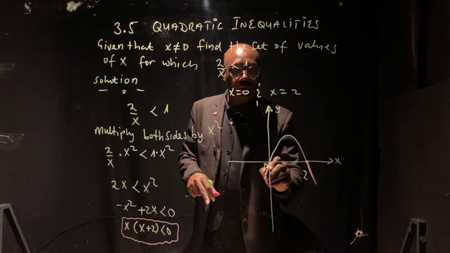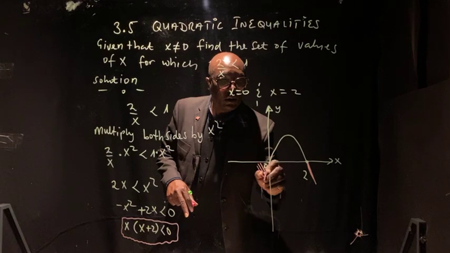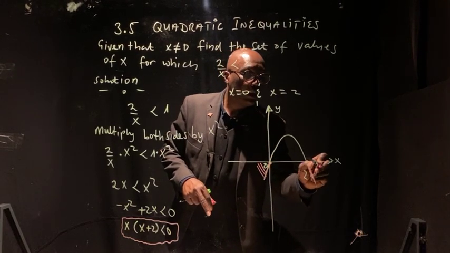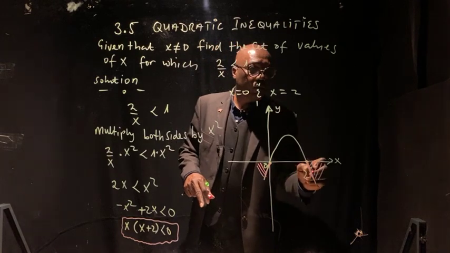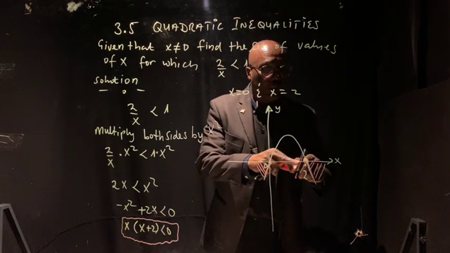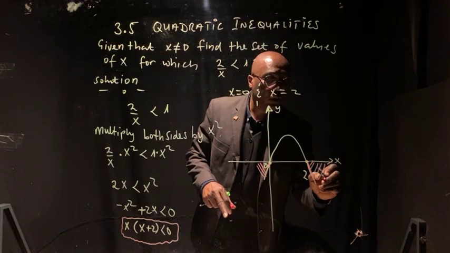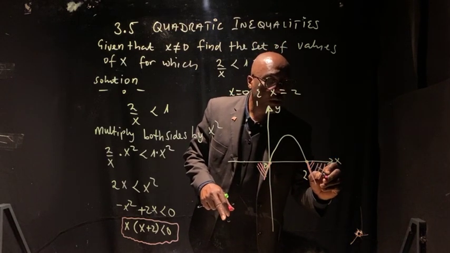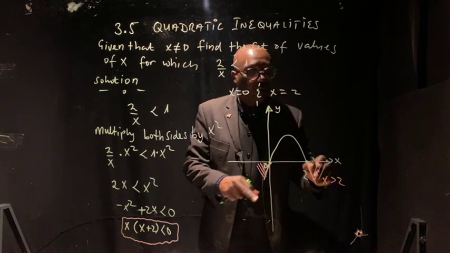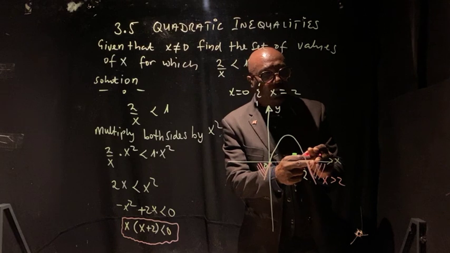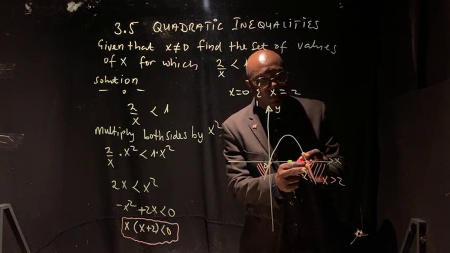So this portion and this portion are the values of x that we are looking for. From this portion going on, the values of x are those where x is greater than 2, because they keep increasing.